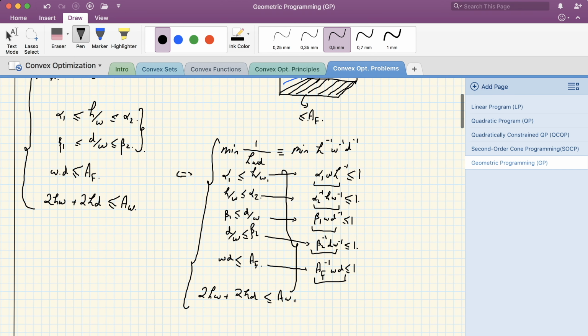And last but not least, divide by A_W, where this W is a subscript, not a W variable. You will get 2 over A_W HW plus 2 over A_W HD less than 1, polynomial, no problem. So this is a GP in polynomial form.